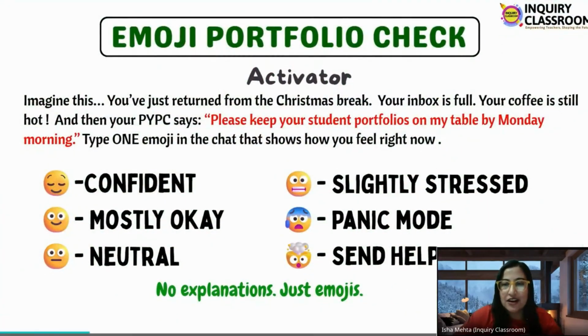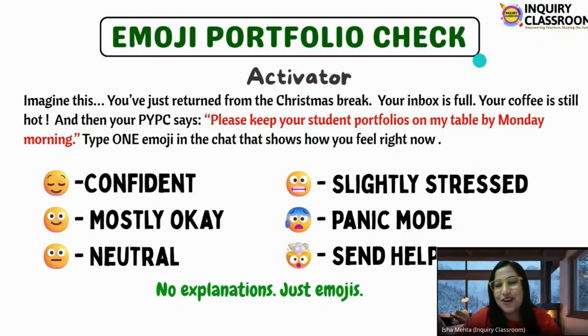So let's quickly start with this quick provocation. It's really fun, and you can do it with your students in your class too. It's called emoji check. You have to imagine this: you've just returned after the Christmas break, and your inbox is full because you didn't pick up your laptop during the holidays, and your coffee is still hot, and your PYPC says, please keep all your student portfolios on my table this morning.